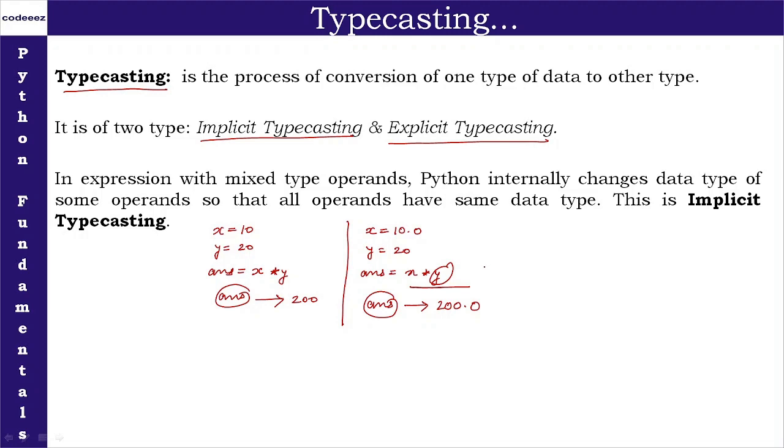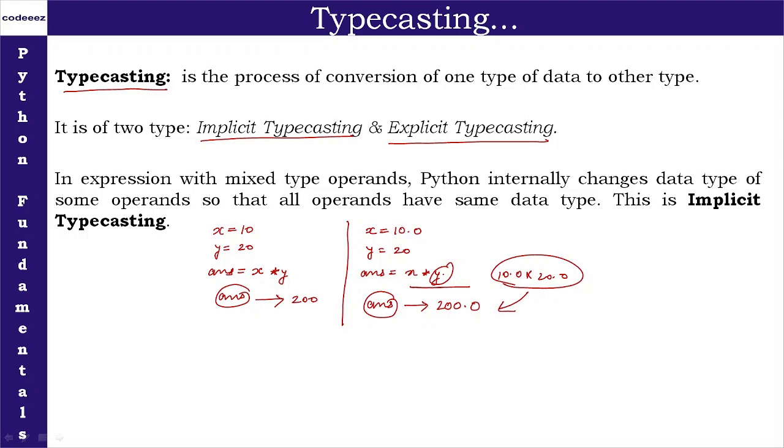Y will be changed to float means instead of 20 it will be 20.0, and now the expression will be evaluated, that is 10.0 into 20.0, and now we get the answer 200.0, right? So here implicit typecasting takes place, that is the value of y which was 20 is now changed to 20.0. This is what is known as implicit typecasting.